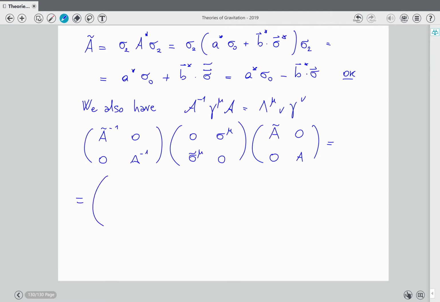And when you multiply that, well, let's multiply the first two, 0, A tilde minus 1 sigma mu, A minus 1 sigma tilde mu.